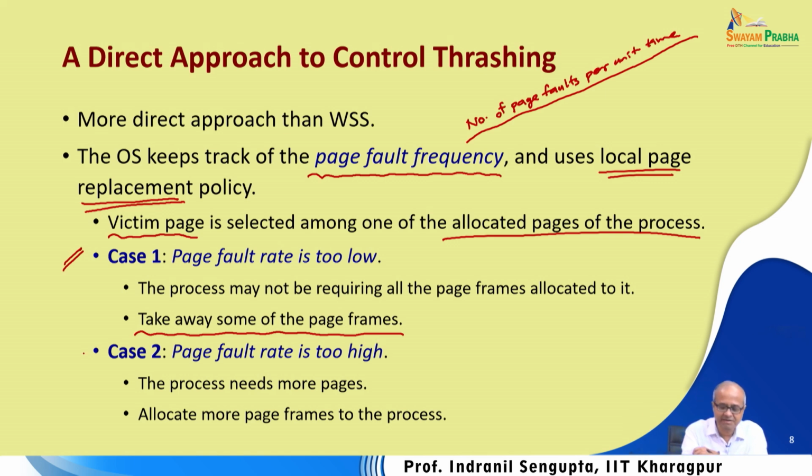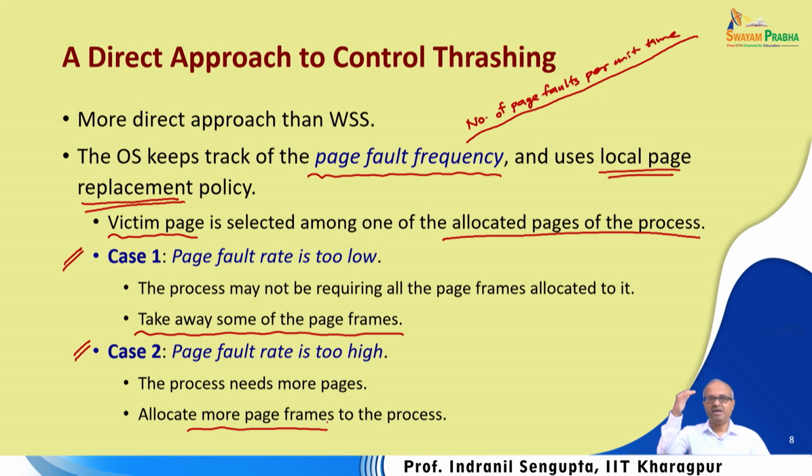In the second case, it can find that the page fault rate is too high, which means maybe the process has not been allocated enough number of pages to encompass its locality. So, it should allocate more number of pages. Page fault rate is too high, allocate more number of page frames. It is simple.